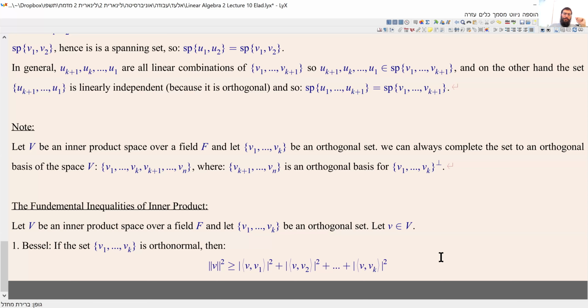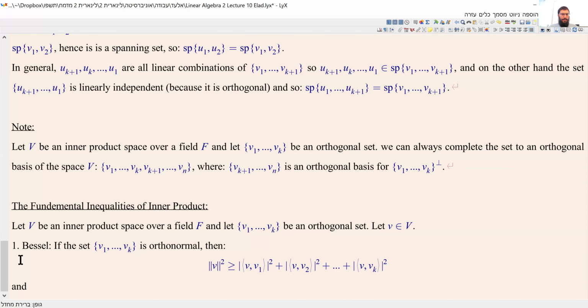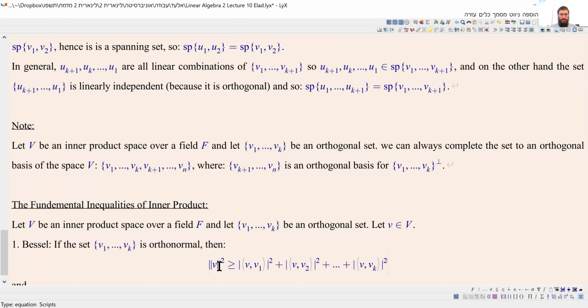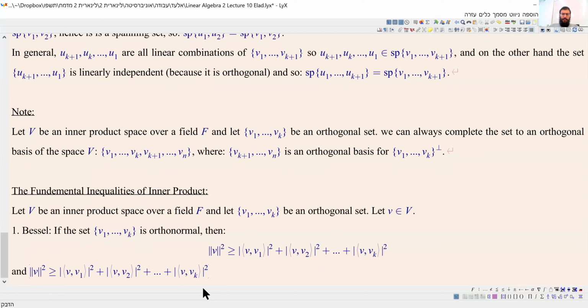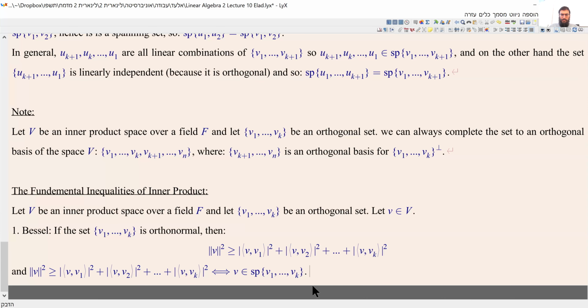And we have an equation if and only if the vector is in the span of the set. This is Bessel, we will prove it.